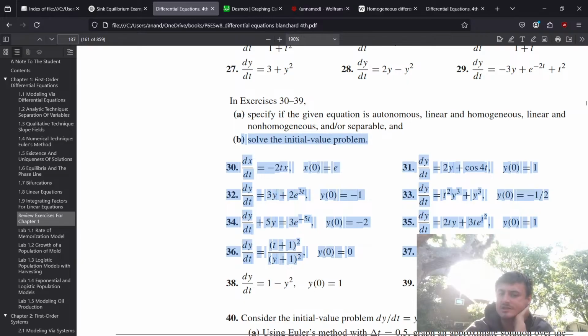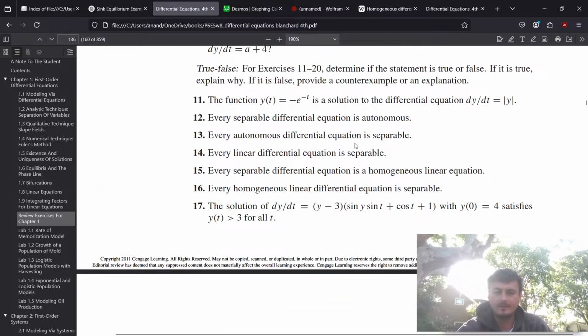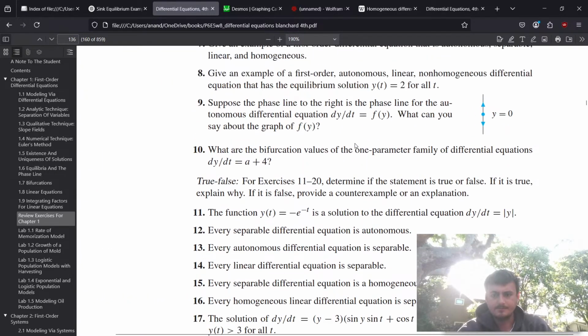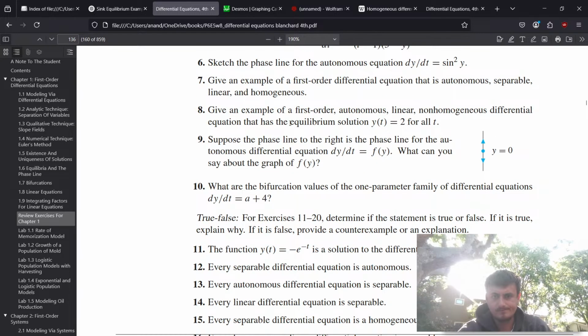Okay, we need practice integrating, so I'll do some of these. OBS disconnected. Okay, we're back. Okay, I wanted to do 10. 10 looks cool.